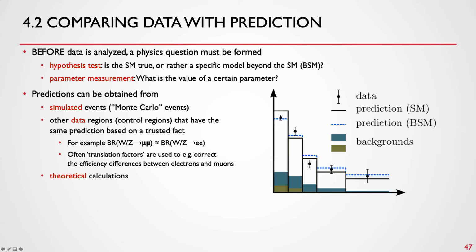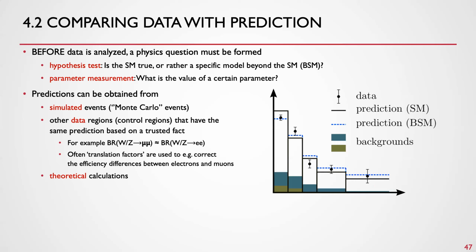Now, the branching ratios of the Z bosons to muons and to electrons have been measured at LEP, and we can trust them. But what we can maybe not really trust is, depending on the analysis, that the background composition may be very different in the muon and the electron channel. And if it's wrong in the muon channel, then you get a wrong answer by simply multiplying that.